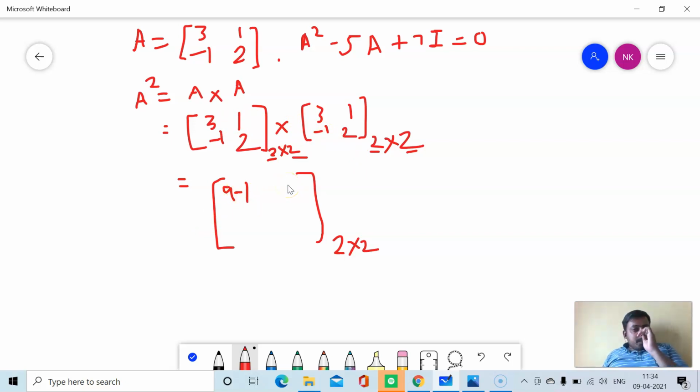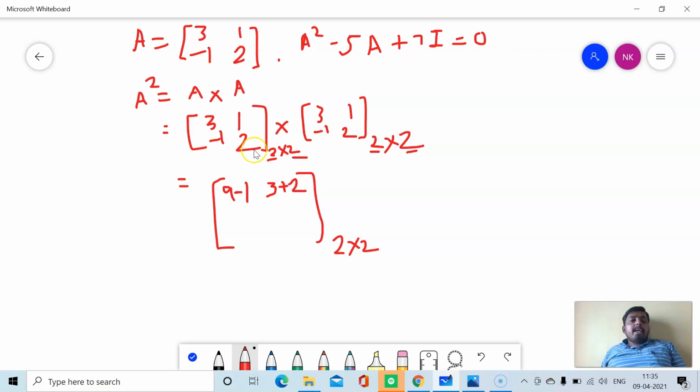For the second element, you have to multiply the first row of the first matrix into the second column of the second matrix. That means 3 into 1, that is 3, plus 1 into 2, which is plus 2.